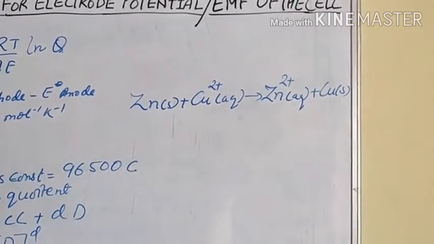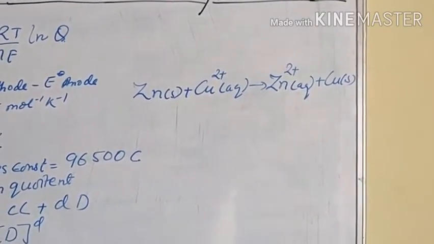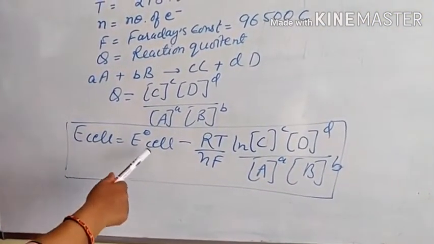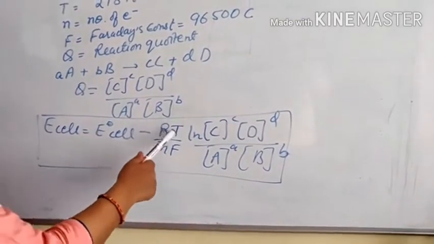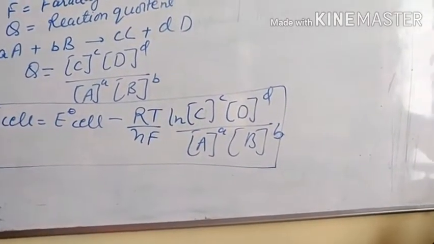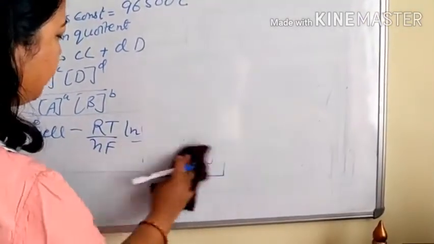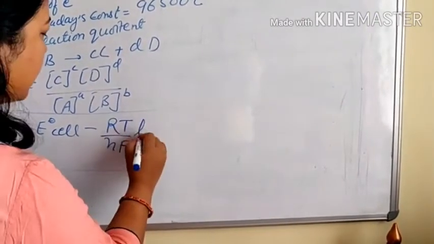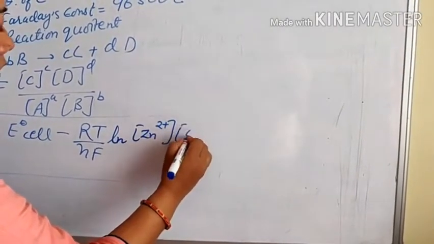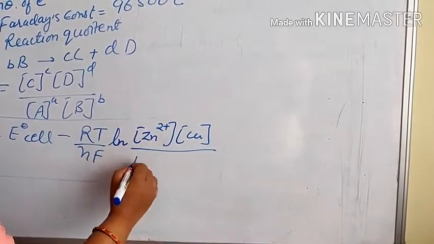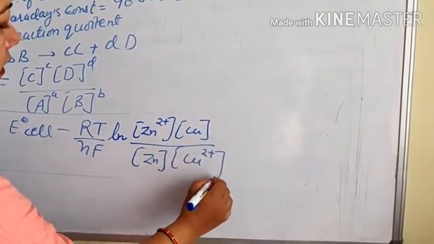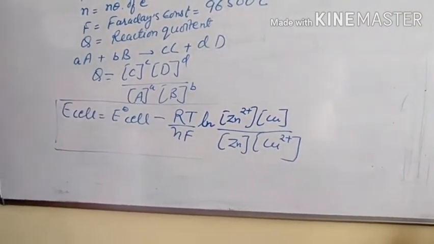For this reaction, the Nernst equation can be written as E cell is equal to E naught cell minus RT by NF ln of products upon reactants. So what are the products in this case? The products are the concentration of zinc ion into the concentration of copper solid, upon the concentration of zinc solid into the concentration of copper ions. This is how we can write the equation.